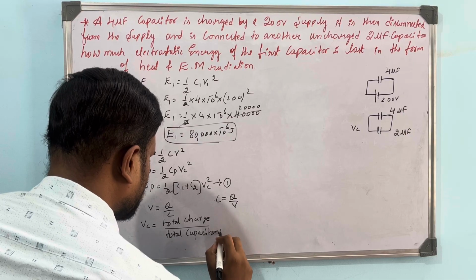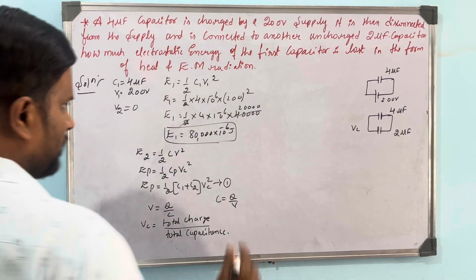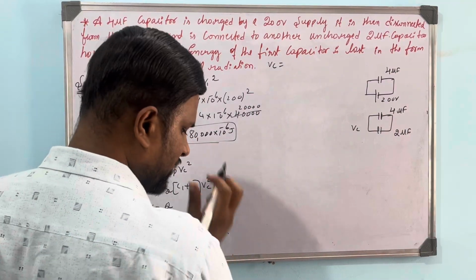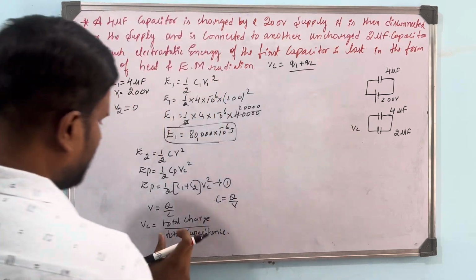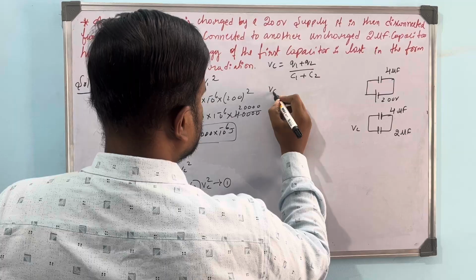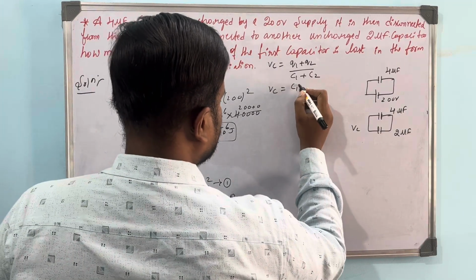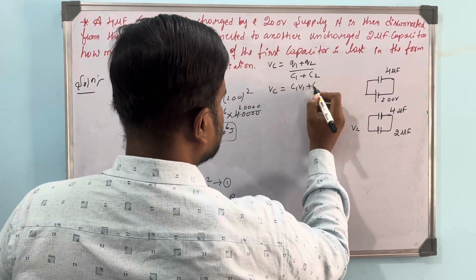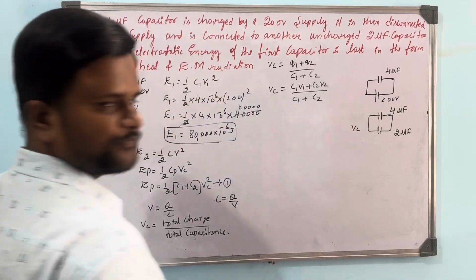The total charge is Q1 plus Q2, divided by the total capacitance C1 plus C2. Q is equal to CV, so Vc is equal to C1 V1 plus C2 V2 divided by C1 plus C2.